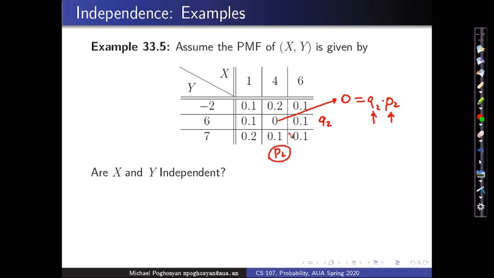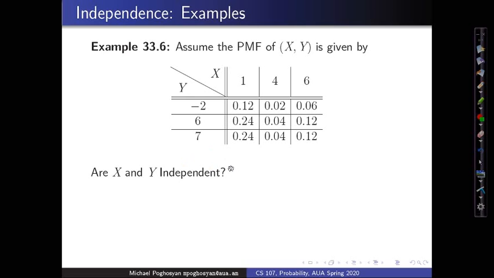If Q2 is 0, then this row needs to be all zeros. If P2 is 0, then this column needs to be all zeros. But because we do not have those properties, this shows that x and y are dependent. So x and y given through this joint PMF are dependent random variables.